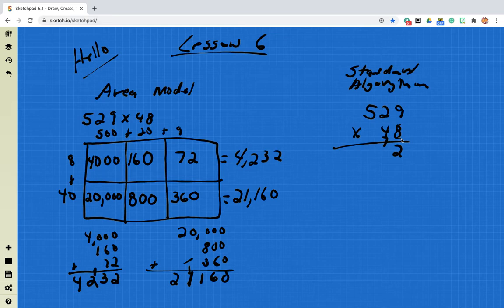8 times 2 tens is going to be 16 tens, plus 7 tens is going to be 23 tens. 8 ones times 5 hundredths is going to be 40 hundredths, plus 2 hundredths is 42 hundredths.